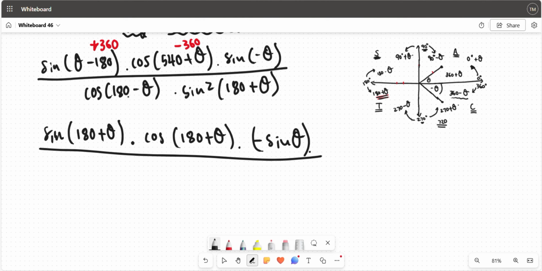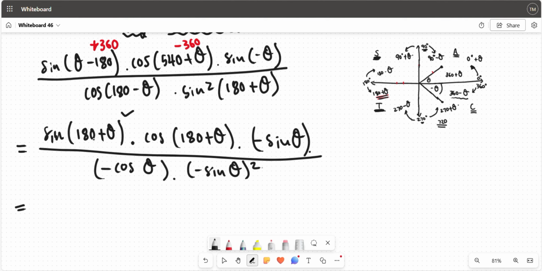Then here we have cos of 180 minus, let's just do that one. It puts us in this quadrant, the S quadrant. And so what is cos there? Cos is negative in that quadrant. Just put them in brackets because all of these guys are multiplying. The last one, sine of 180 plus, puts us in this T quadrant, but sine is negative in that quadrant. So it ends up looking like that with the squared outside.